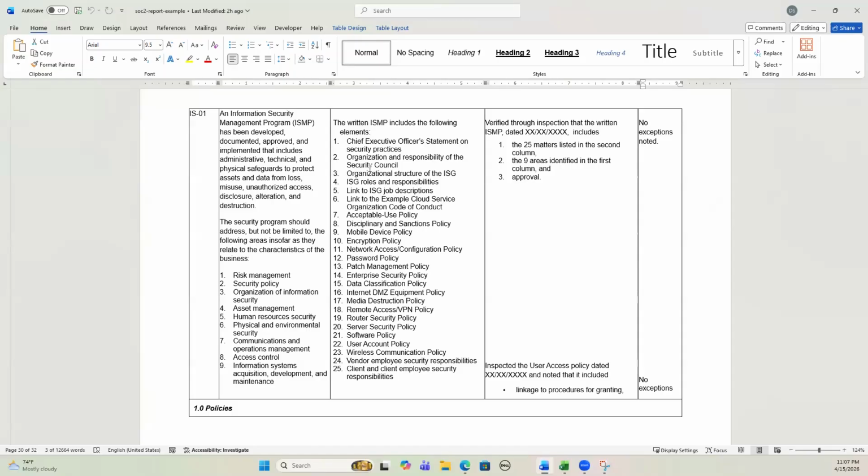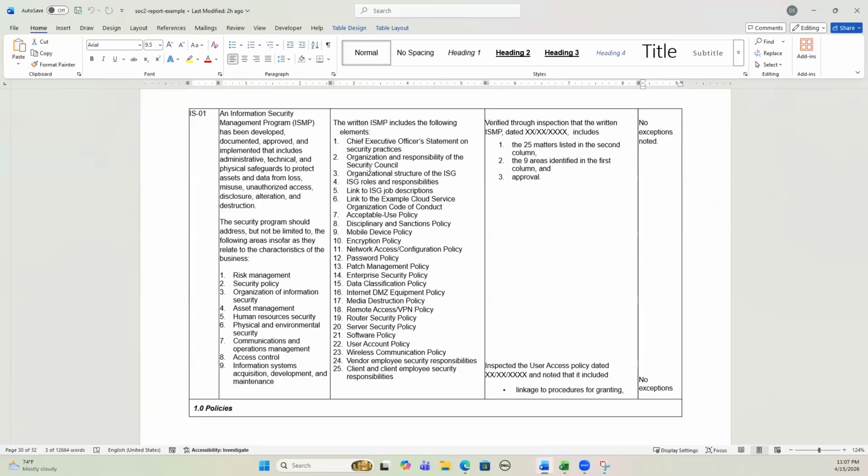So now I need to explain what an exception actually is, because this sample report does not have any, but in the real world, you will definitely encounter them. An exception is when the auditor tested a control and it did not work. So the vendor said, we review user access quarterly, the auditor checked, and the quarterly reviews did not happen.